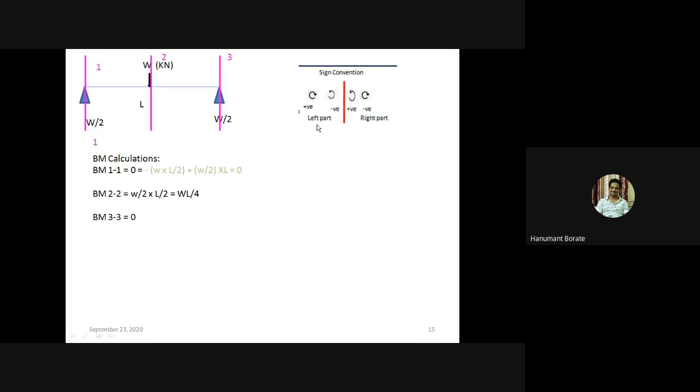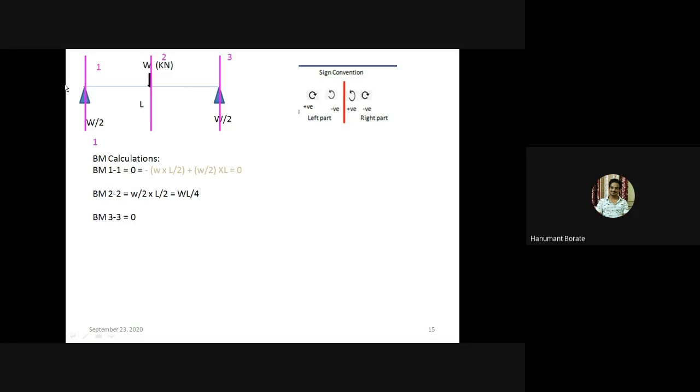Sign convention: if we consider the left part of the section, then treat clockwise moment as positive and anti-clockwise moment as negative. If we consider the right part of the beam, then treat anti-clockwise moment as positive and clockwise moment as negative, right? Now consider section 1-1. If we consider section 1-1, the beam goes in the right part.